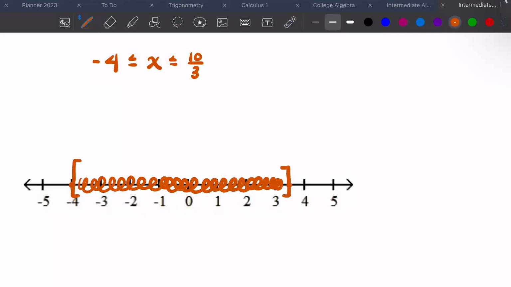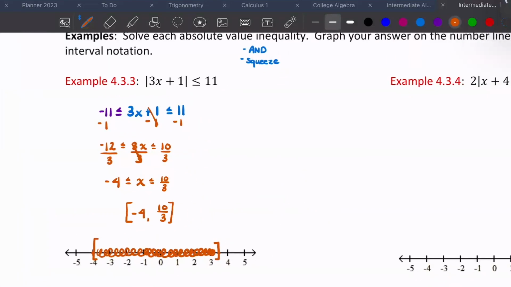If I wanted to write that in interval notation, I start at negative 4 and go to 10/3, and both have a bracket. And I'm done. So less than, squeeze it. Less than means squeeze it and then keep x in the middle.